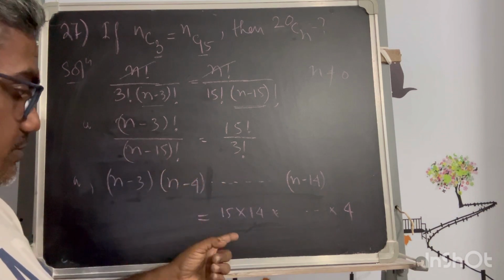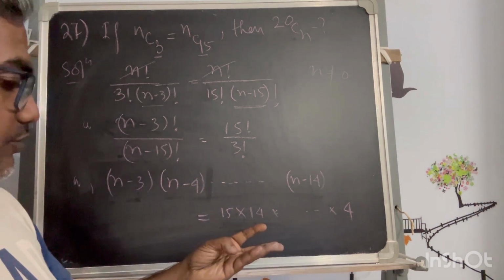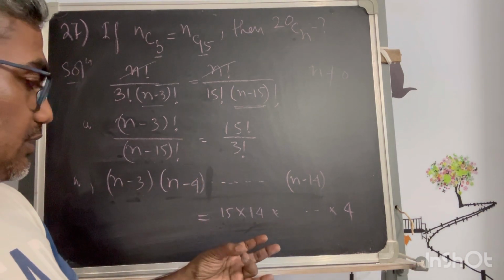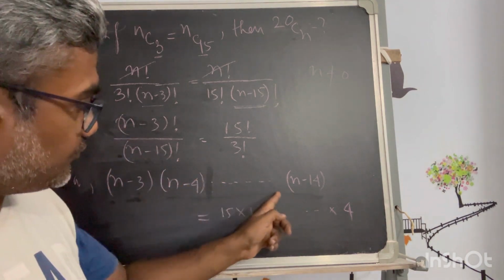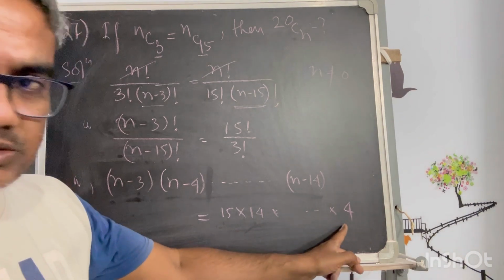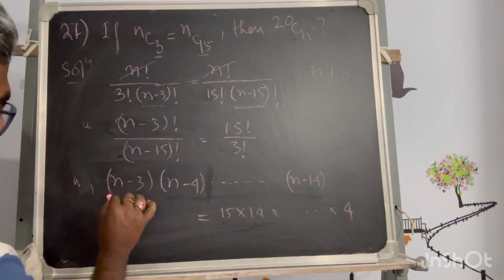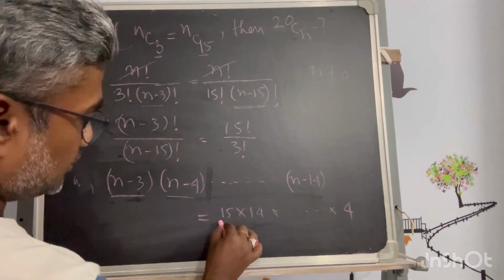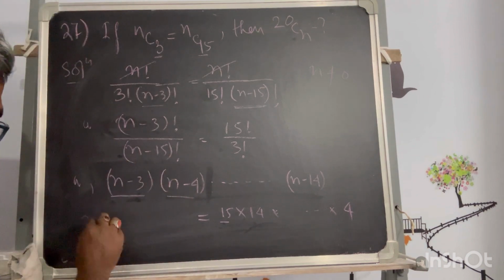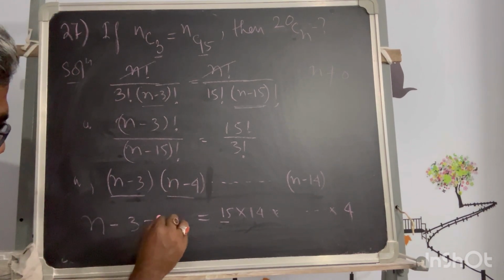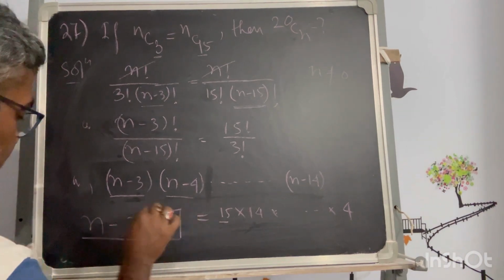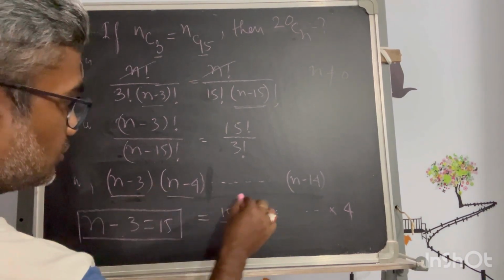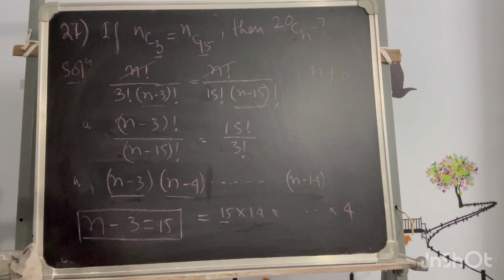From here if you count 4 to 15, that is also 12 terms. So the number of terms is the same, and in both cases each term is reduced by 1. Here also 15. So can we not say that n minus 3 is equal to 15? If we equalize this, all other terms will maintain the same manner.